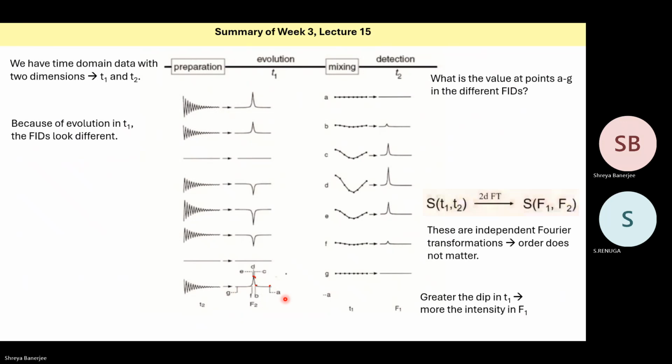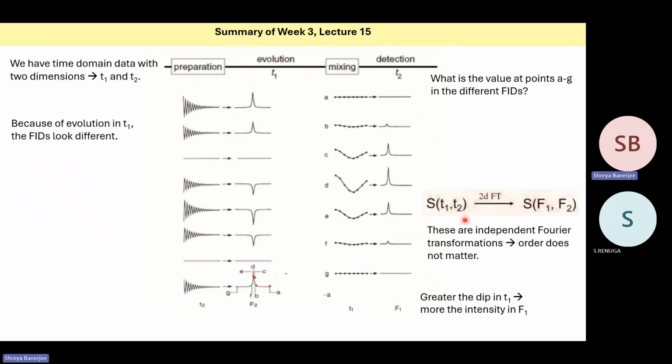Point A, if you see all the FIDs, is always 0. If you see point B, it has a slight negative dip. If you carry out the Fourier transformation, it comes like this. Similarly, it is done for all the different points. So this is how the second frequency axis is generated.